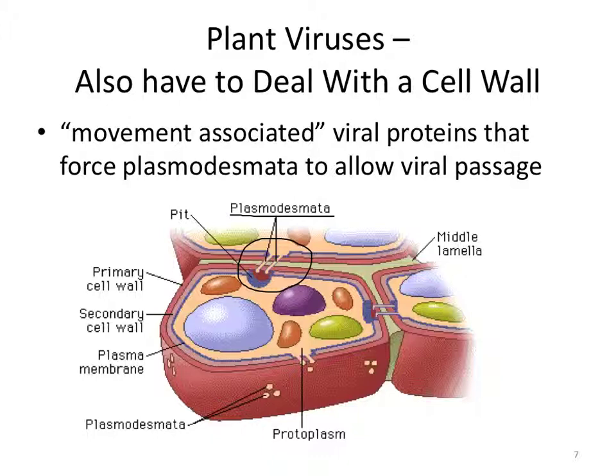One of the strategies that some plant viruses have is to take advantage of the plasmodesmata by using them as entry points to get into the host cell. So there are movement-associated viral proteins that some plant viruses have that essentially force the plasmodesmata to open, allowing viral passage. That's one of the strategies that some plant viruses have evolved as a way of getting access to the host cell cytoplasm.